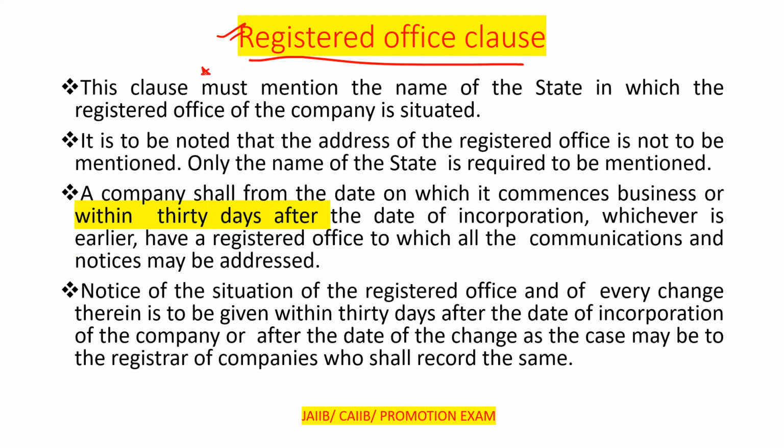This clause must mention the name of the state in which the registered office of the company is to be situated. It is to be noted here that the address of the registered office is not to be mentioned.